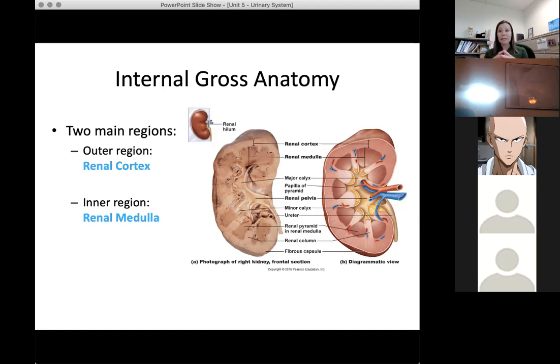And then finally, the renal pelvis is the larger open region in the middle of the kidney. And it extends directly into the ureter.